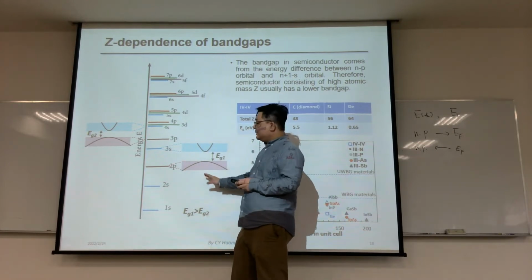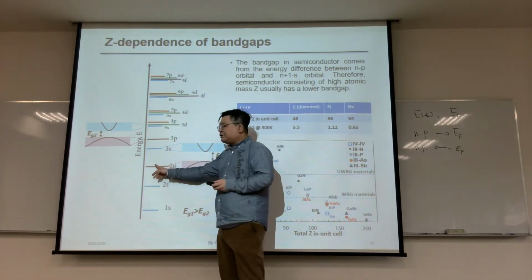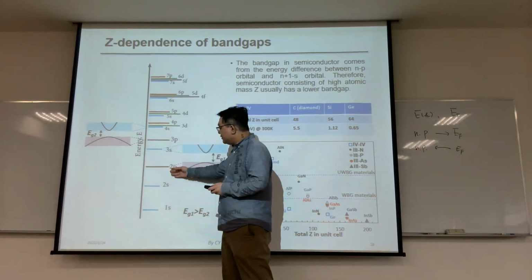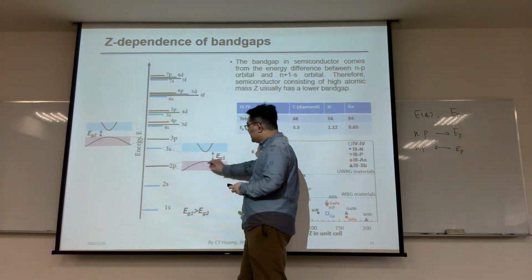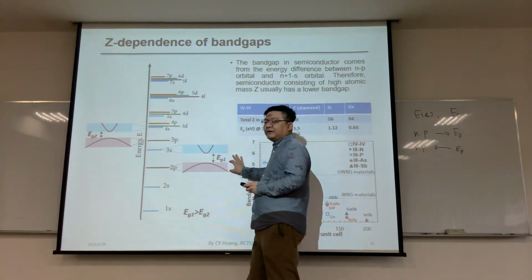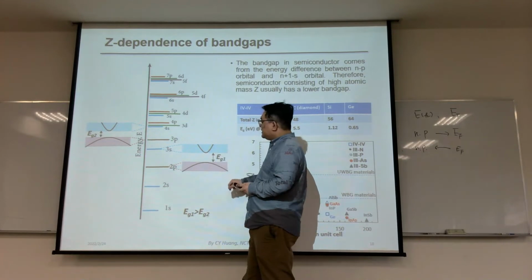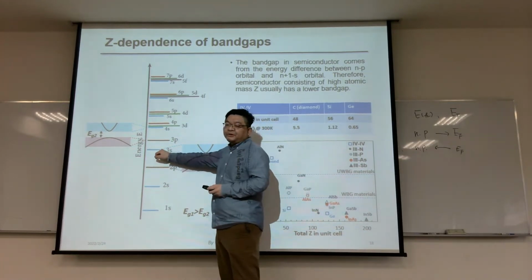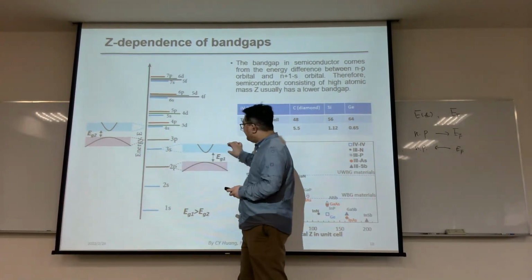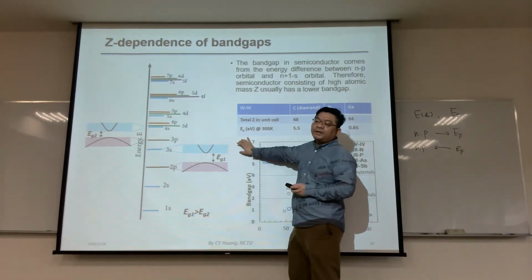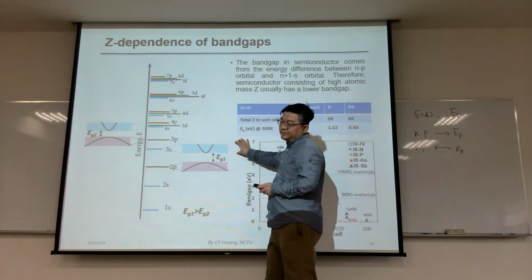valence band is an interaction between 2p orbitals, that means your energy level will be a bandwidth close to its 2p level. And if your conduction band is an energy level mixed by 3s orbitals, that means the position of the conduction band will also be a mix, somewhere around your 3s orbital.